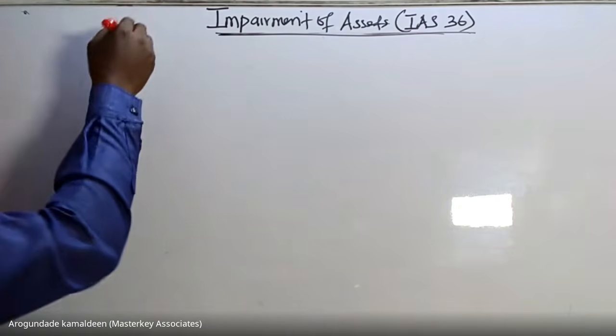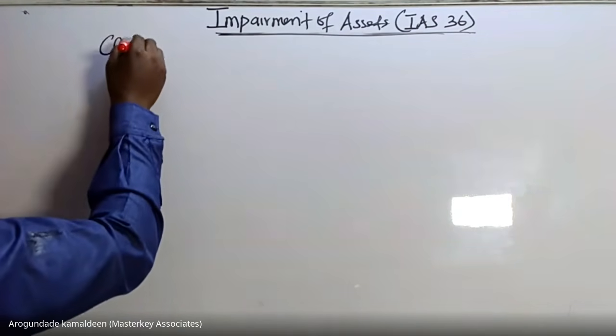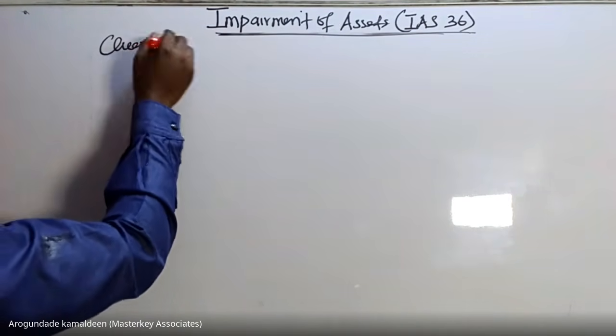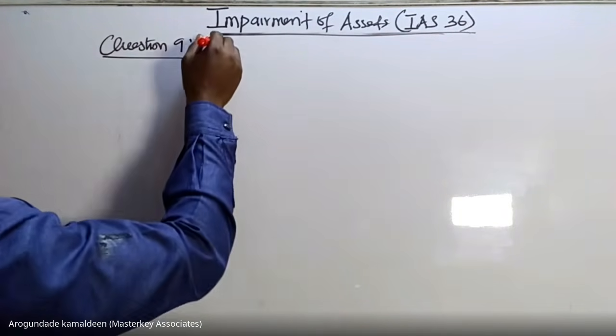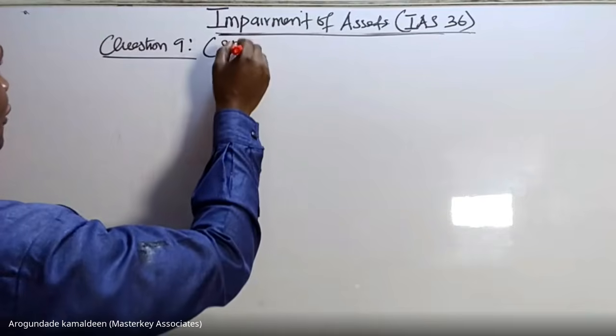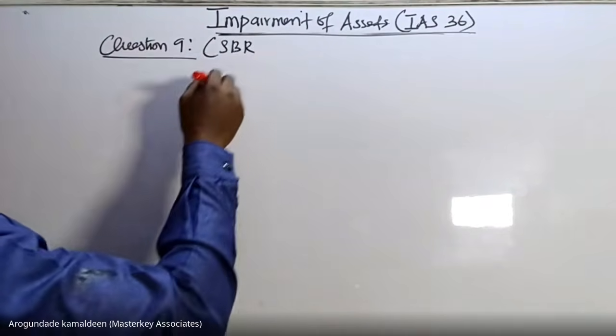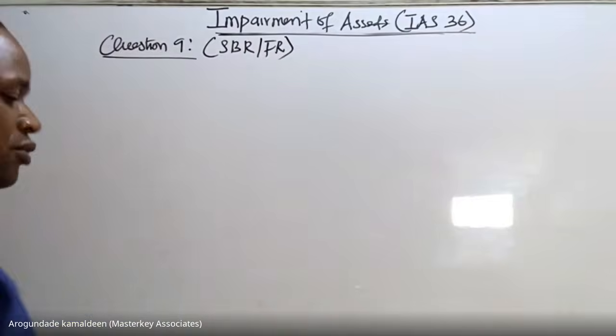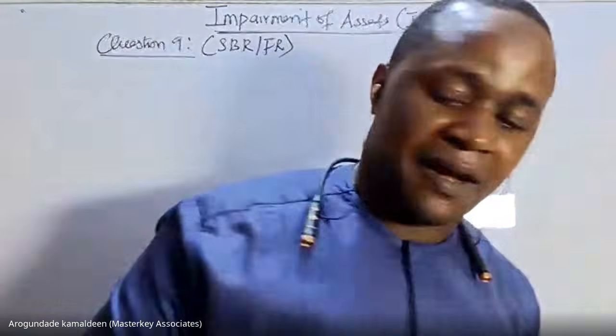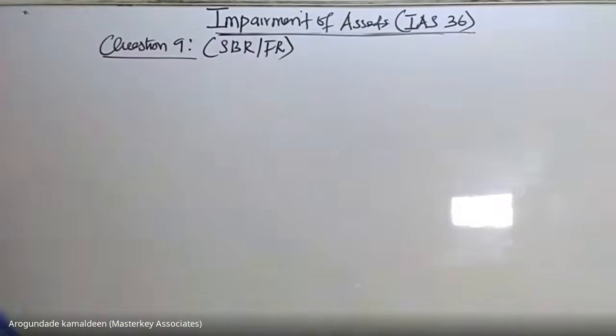Question 9. This is an I can pass question for the SBR. Okay, but let us take it for both SBR and FR. Your standards are the same, except for those standards that are peculiar to SBR only.